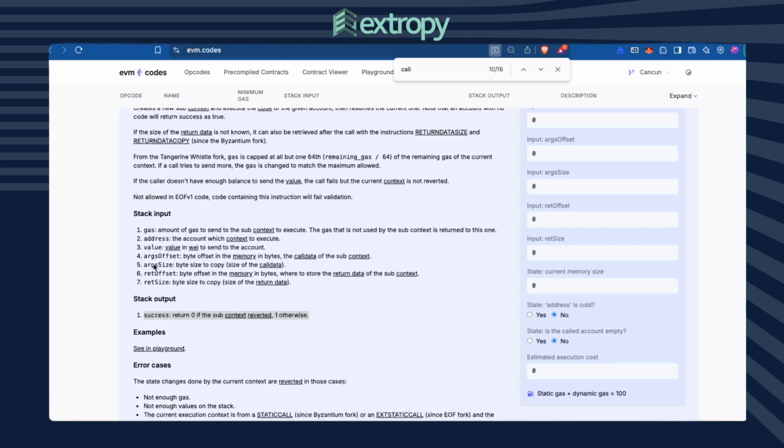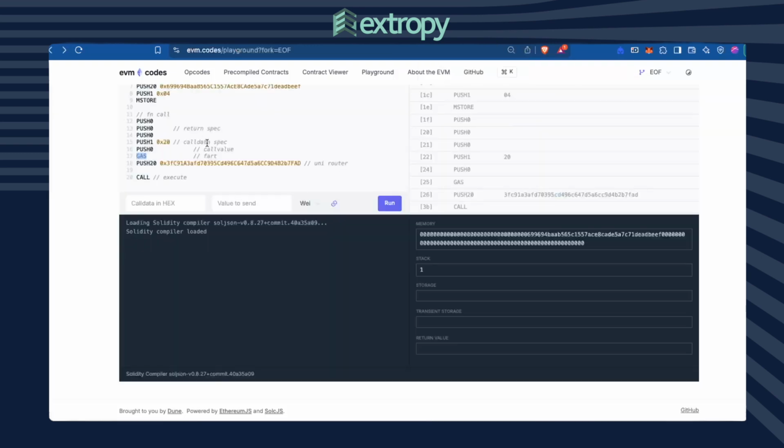Sorry, I'm getting this the wrong way around. So we have the gas and the address. We have the offsets, where we want to send the inputs, and then where we want to get back the outputs. That's the address of the contract we're calling, and then we call it and we get back a result. Okay. Did everybody follow what I was just doing?